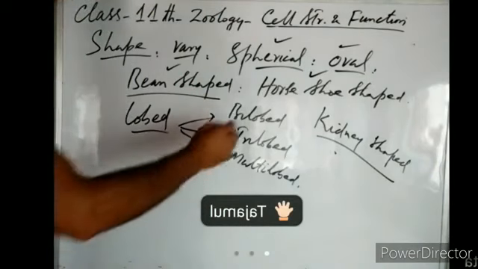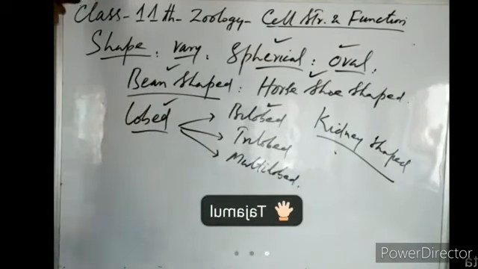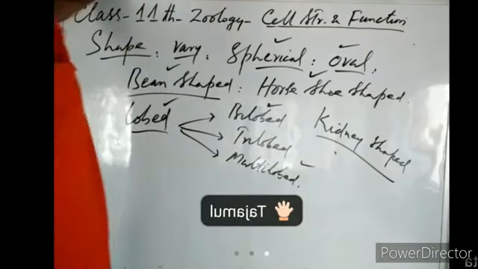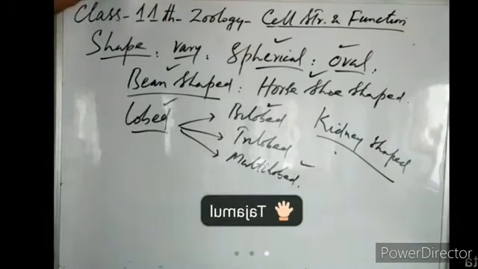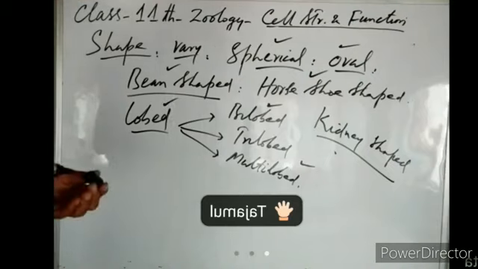In some cells, the nucleus may be lobed. It may be bilobed, having 2 lobes, trilobed, having 3 lobes, or sometimes more than 3 lobes. We call that multilobed, right? So the shape of the nucleus varies from one cell to another. It may be spherical, oval, bean-shaped, kidney-shaped, horseshoe-shaped, or lobed. So that is the shape of the nucleus.